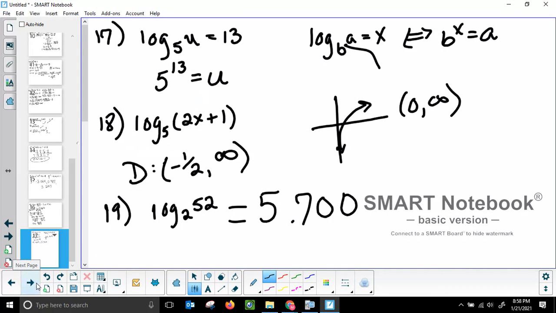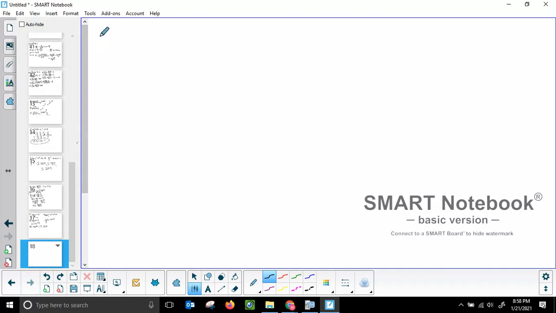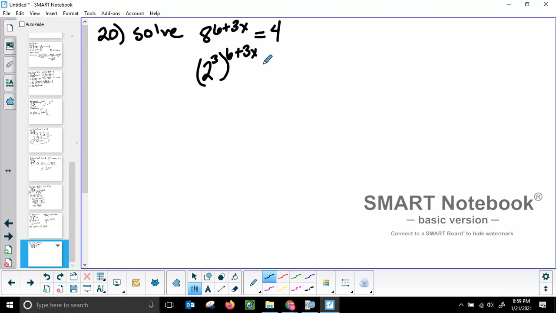All right, number 20 says to solve 8 to the 6 plus 3x equals 4. Well, I can change this 8 to 2 cubed, and then I still have the 6 plus 3x power. And I can change 4 to 2 squared. When I have a power raised to a power, I multiply them.